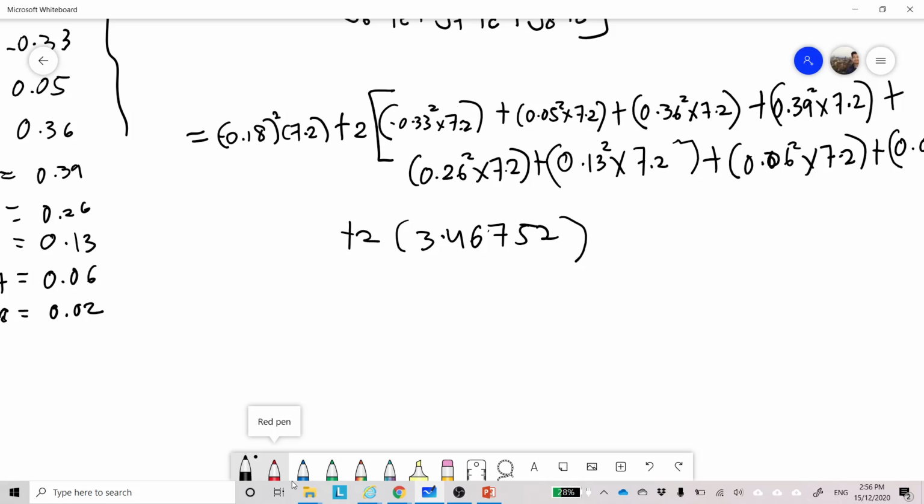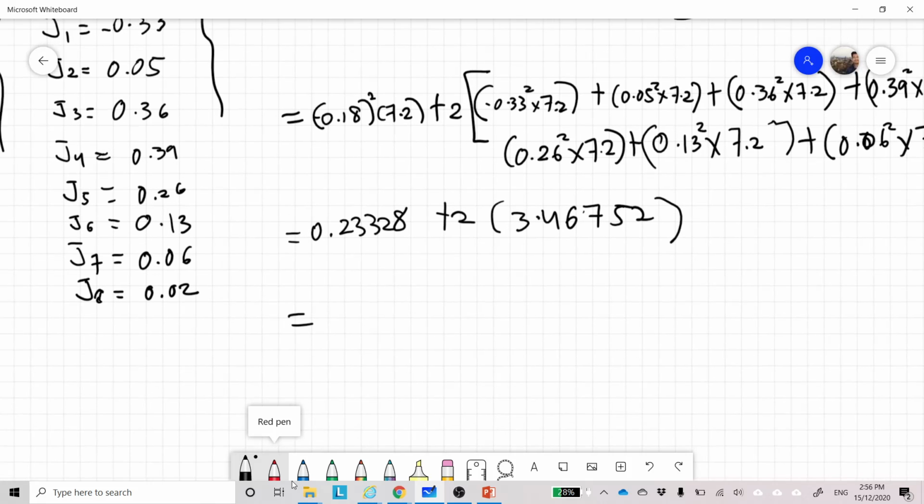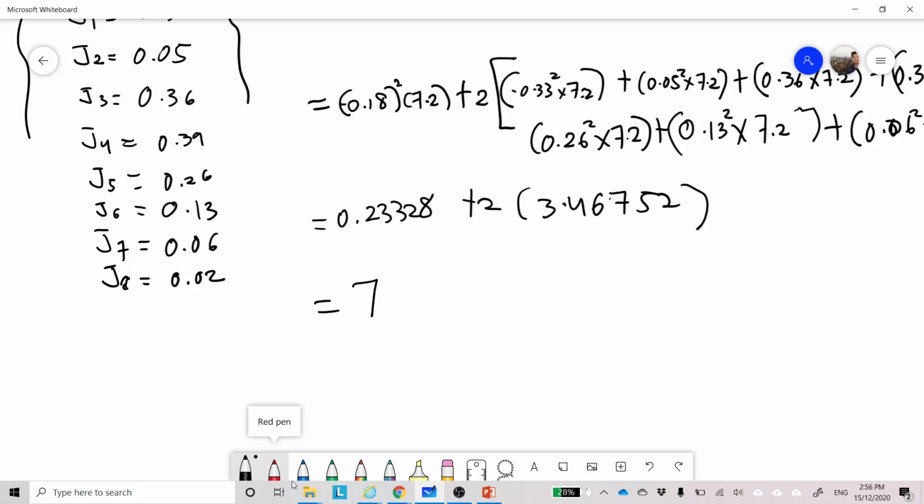So yang ni adalah 0.18 square darabkan dengan 7.2, so you're gonna get 0.23328. Okay, tambahkan dengan 2 kali 3.4652. Okay, so dapat 7.168, 7.16832.